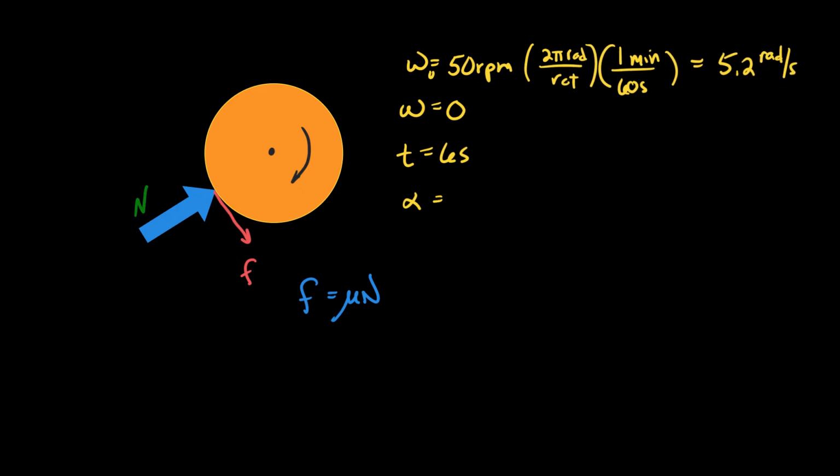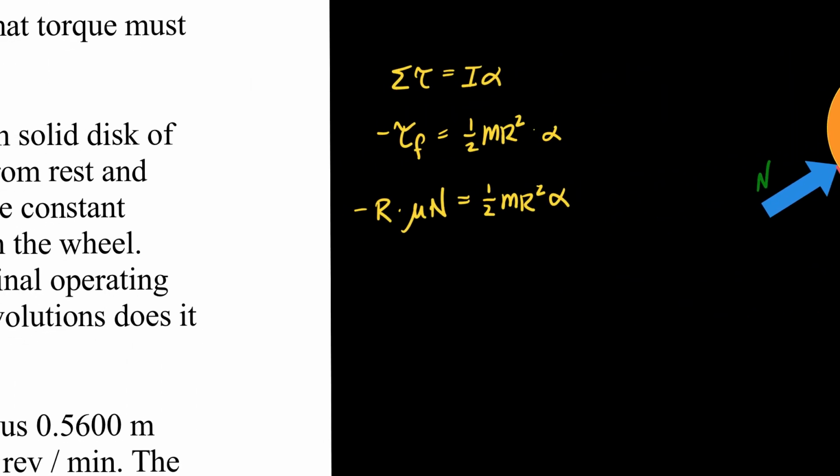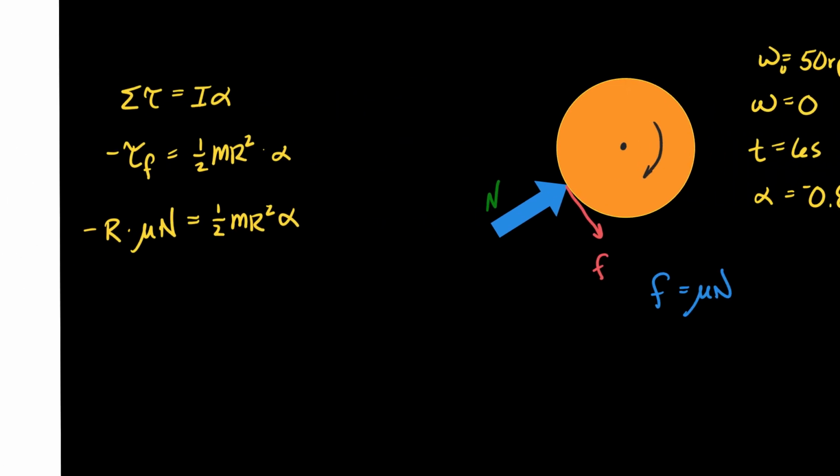Anybody good with that? So alpha is going to be, well, it's negative 0.87 radians per second squared. Any questions about that? Alrighty. So back over here, I can cancel one of the r's, but not both.